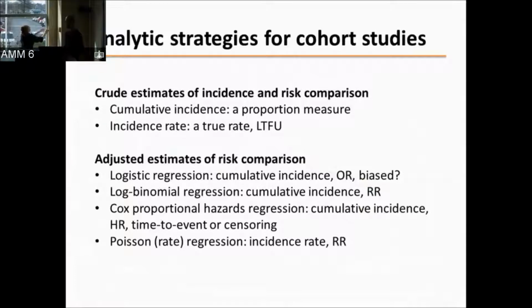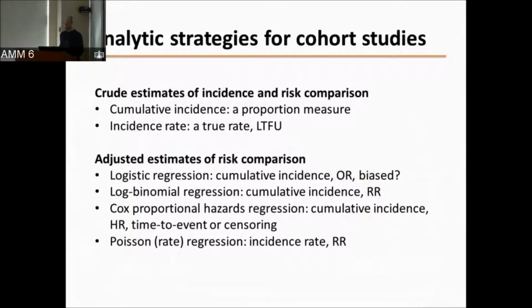But aside from these ways of measuring incidence, we can also model them in regression equations to, as you know, control for potential confounders. And I've put on here what I think are the four most common ones out there. But by and large, you'll see people doing logistic regression for cohort studies.